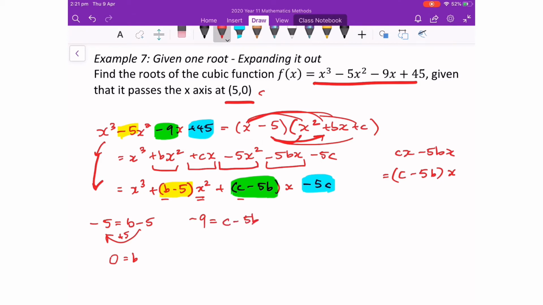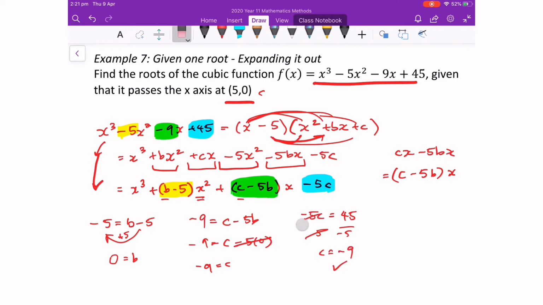I know b is equal to 0, so I'm going to write c take 5 times 0, which is 0. So c is equal to negative 9. And if I double check here, if I use my blue to double check, negative 5c is equal to 45. If I divide by negative 5, c is equal to negative 9. So that's a good way to check that that's right.